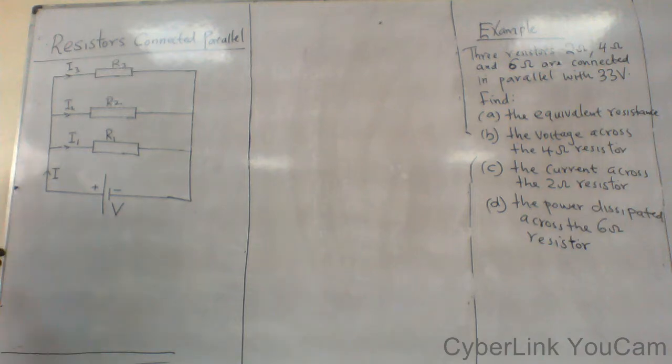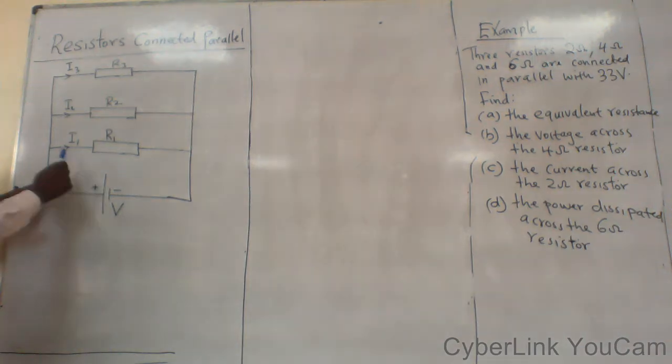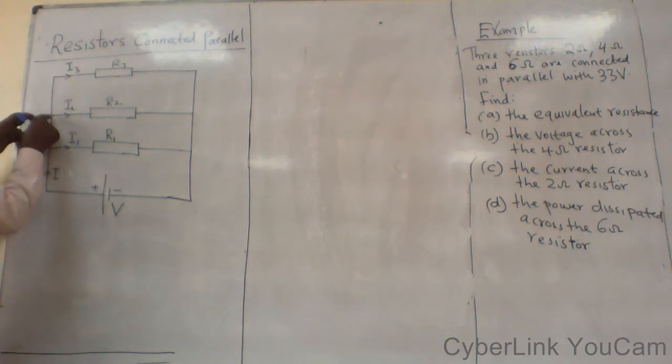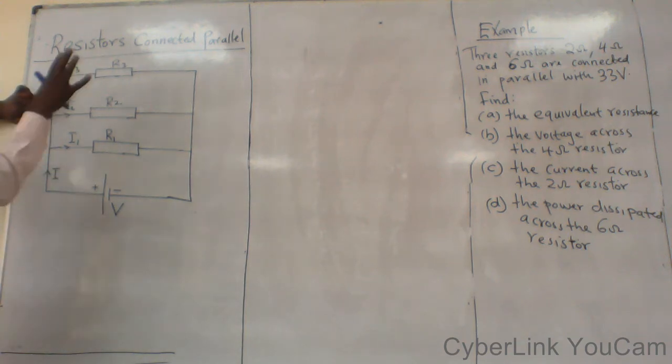If the total current I, which is moving from this particular voltage source, reaches this junction, the current will split. Some current will branch to R1, and part of it will continue with the journey. Upon reaching junction 2, it will again split into two parts.